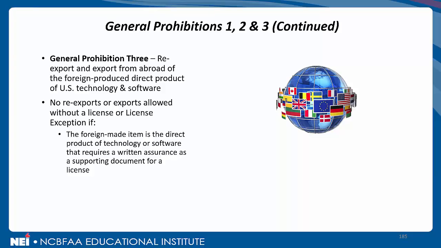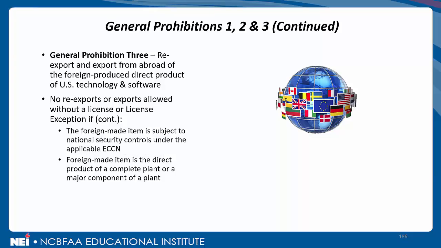But General Prohibition 3, it's that intangible component, re-export and export from abroad of a foreign-produced direct product of U.S. technology and software. The intangible component is the technology and software, but we're talking about the physical export or re-export of foreign-produced direct product that are a result of U.S. technology and software.